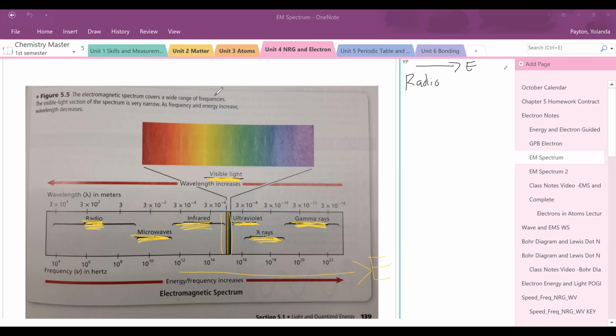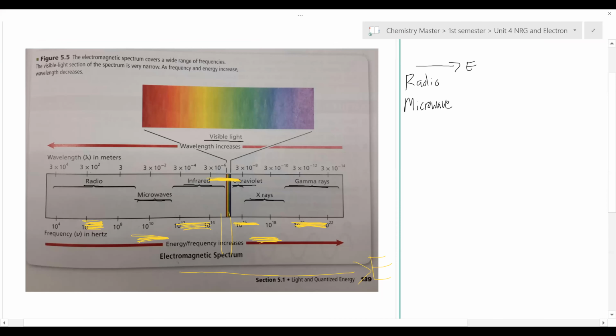All right, so I'm just gonna write them this way: radio, microwave, infrared. Oh my God, sorry. After infrared is visible light. Then ultraviolet.